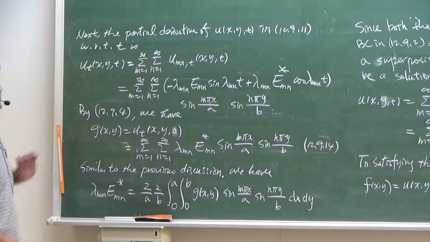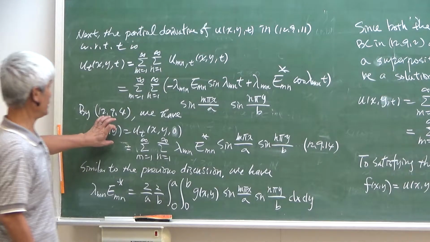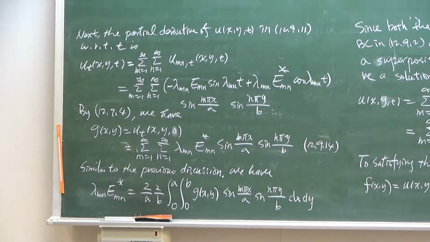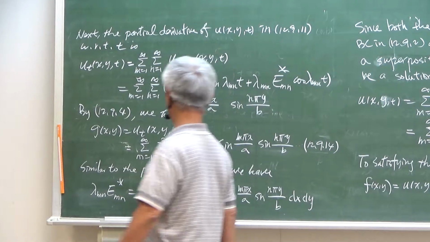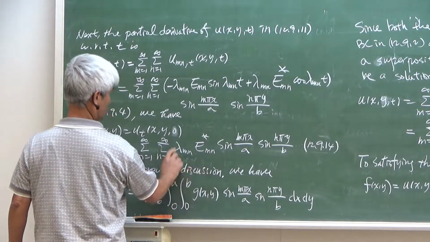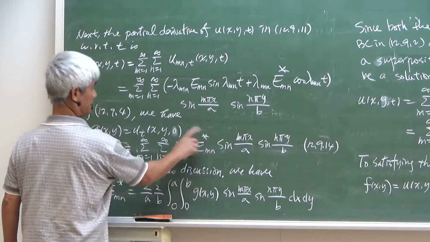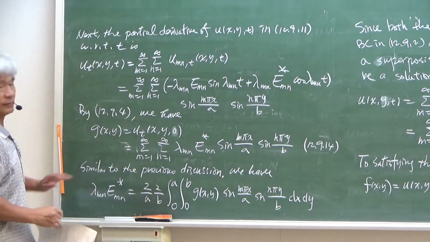Because you can compare this one with this one, the E_mn here is replaced by lambda_mn times E star_mn.